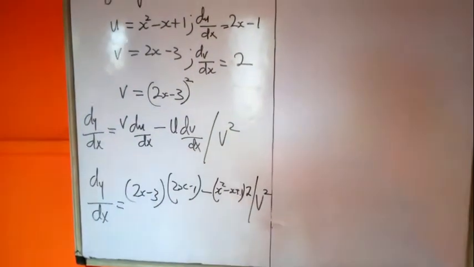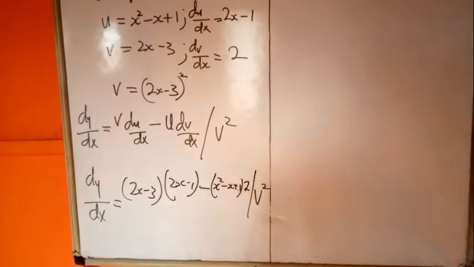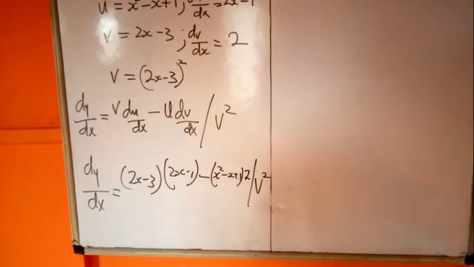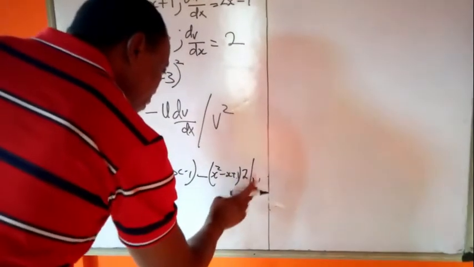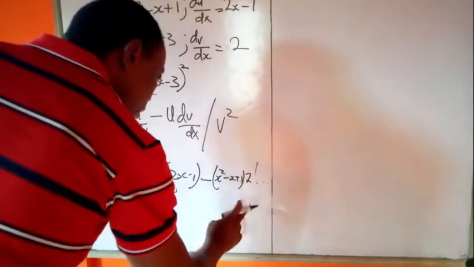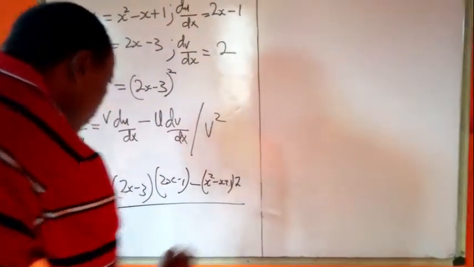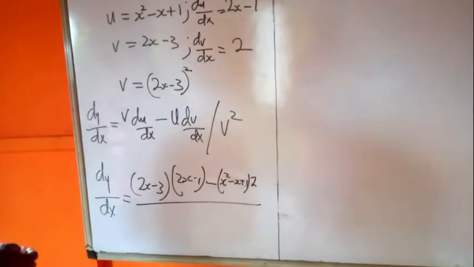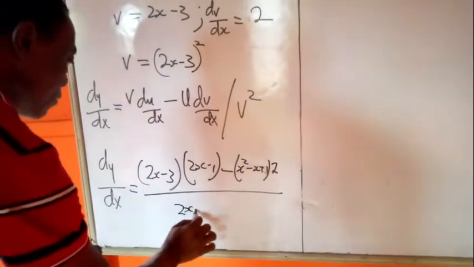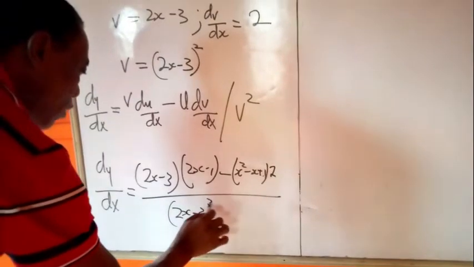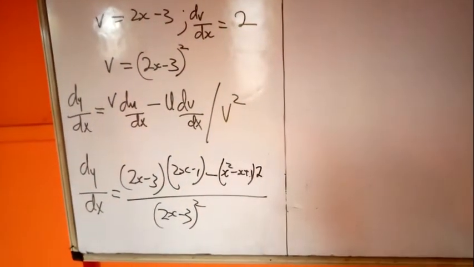So now we have done what we need to do. Let us translate what we have. We can even say here that our v square is all over our v square. Our v square is simply 2x minus 3 raised to power 2. So now we can save more space.